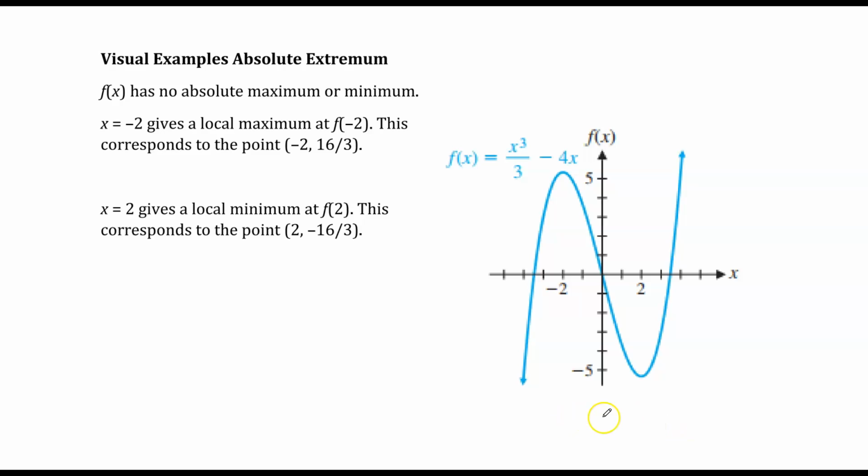But at around x equals -2, the corresponding value is 16/3. This 16/3 is a local maximum. And at x equals 2, which corresponds to -16/3, is a local minimum.